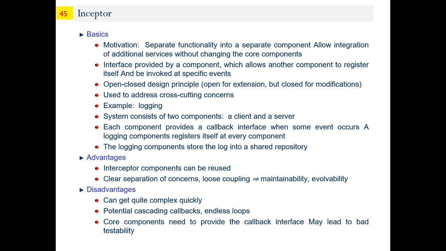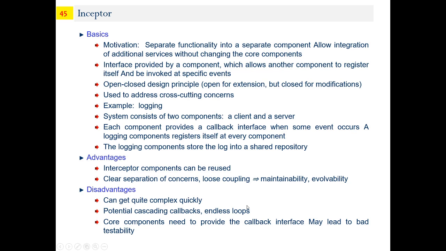Now, Interceptor is another kind of thing which works around the open-closed principle: open for extension, but closed for modification. So end-to-end modification is muted, right? The system consists of only two components, a client and a server. So Interceptor is a very initial or beginner's level kind of client server architecture.